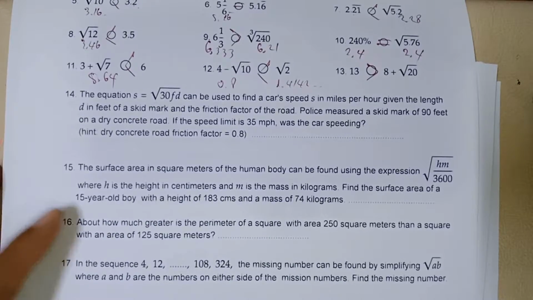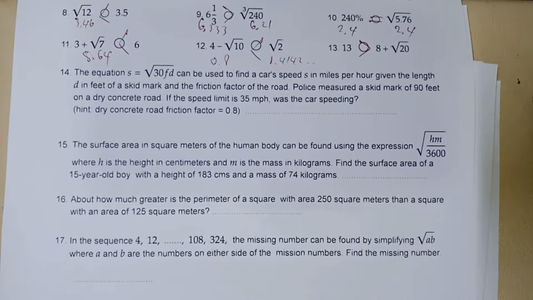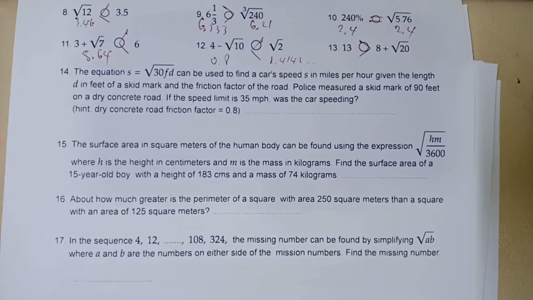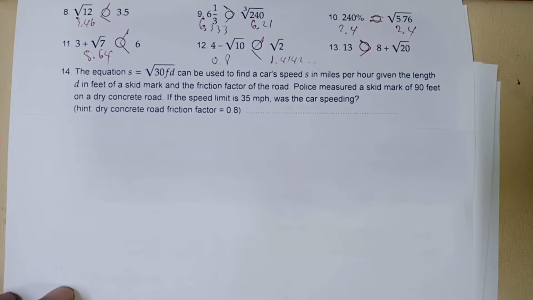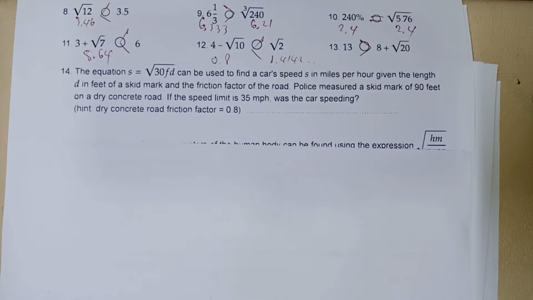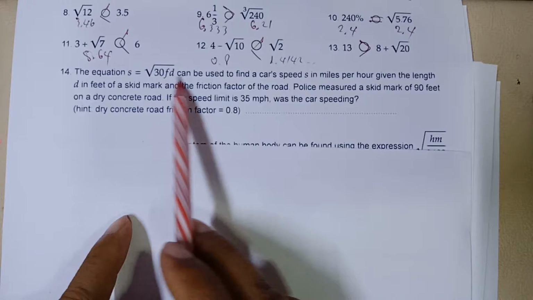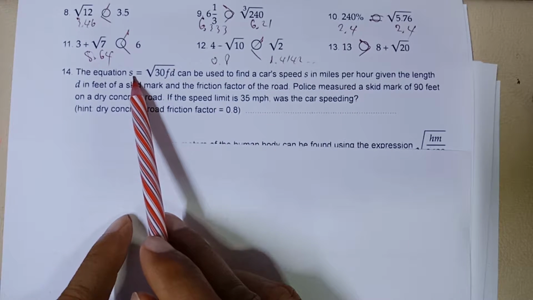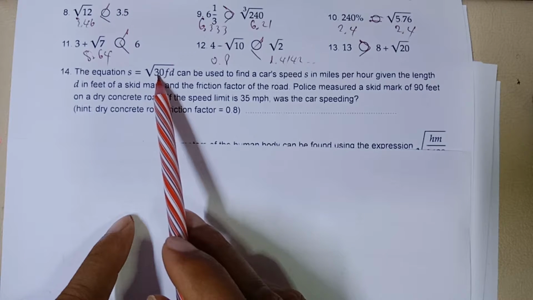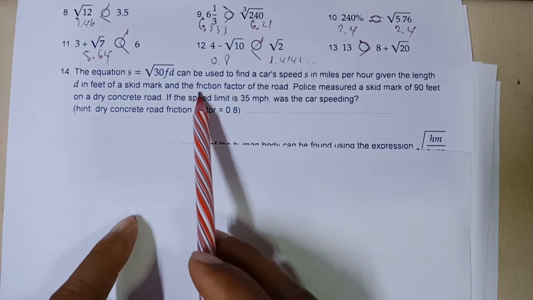For number 14, the equation S, I represent the speed in miles per hour, square root of 30. F is the feet of skid mark on a friction road.